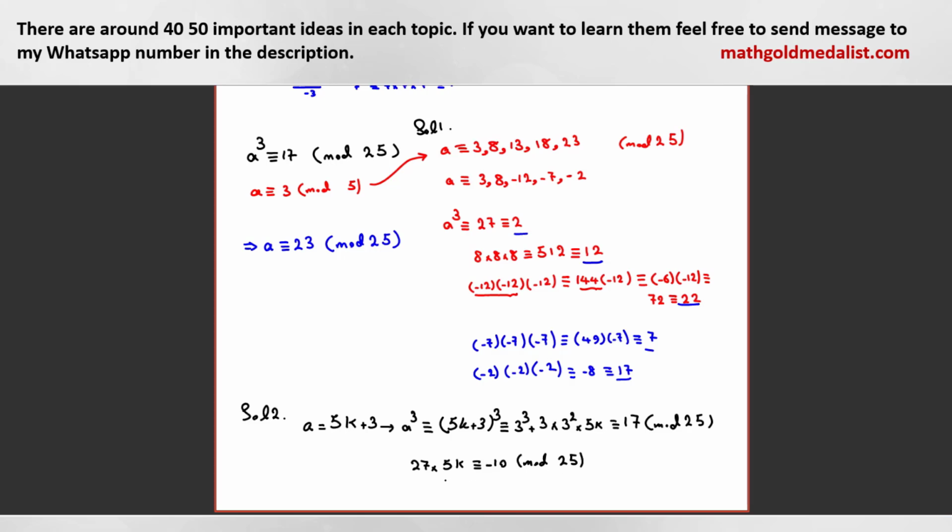So we can divide both sides by what? Divide both sides by 5. So 27k is congruent to -2 mod what? Mod 5, because you should divide by the GCD of 25 and 5, right? So it is 2k. We can divide both sides by 2. And then k is congruent to 4 mod 5. Yes, -1 or 4 mod 5.